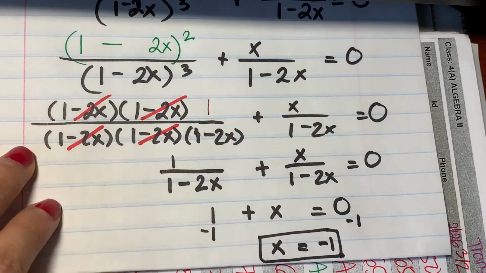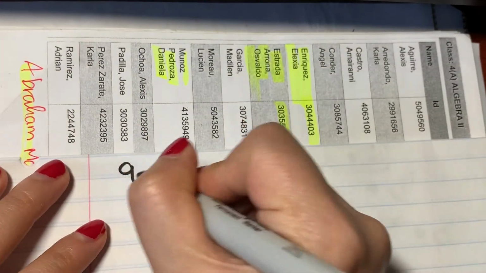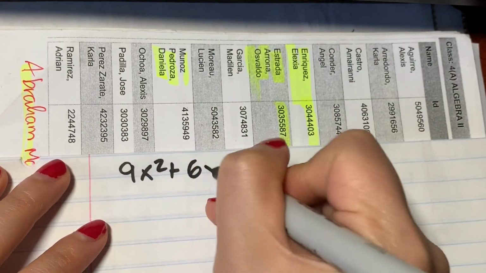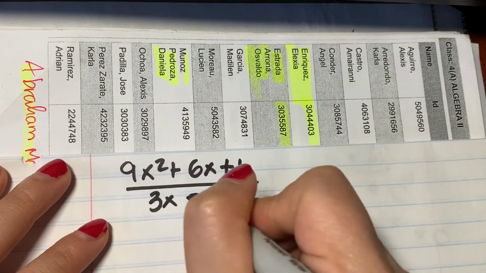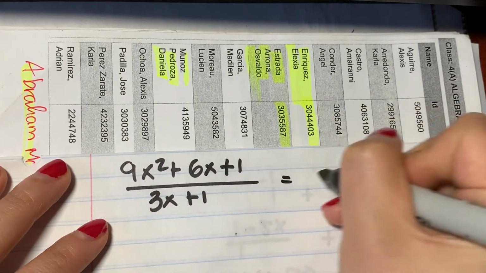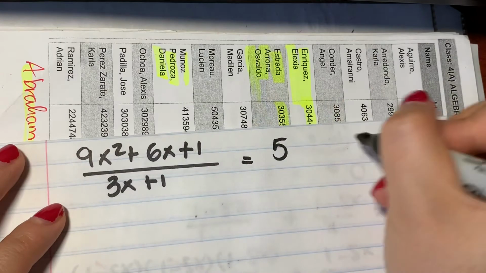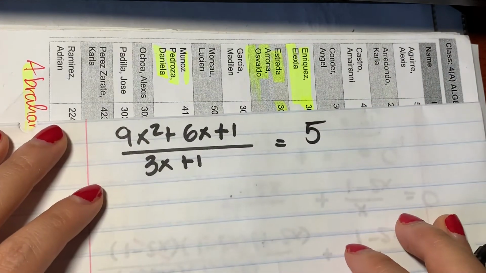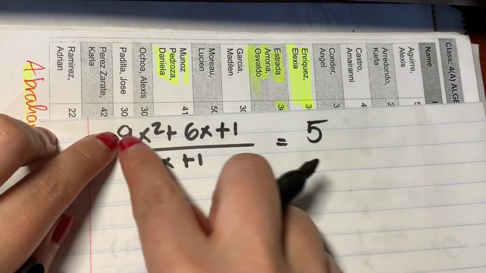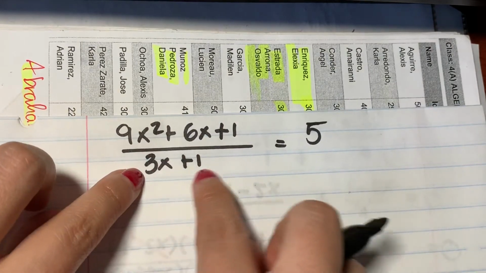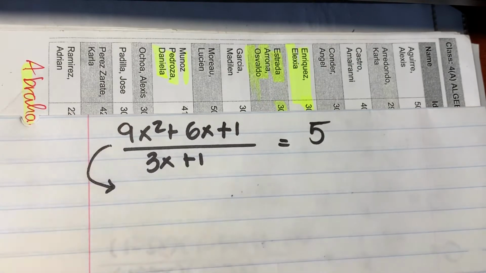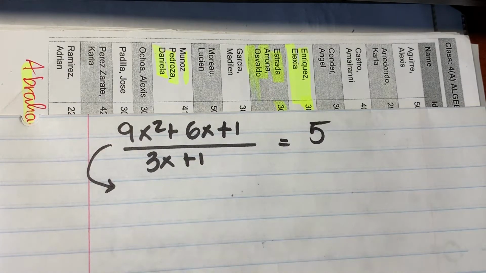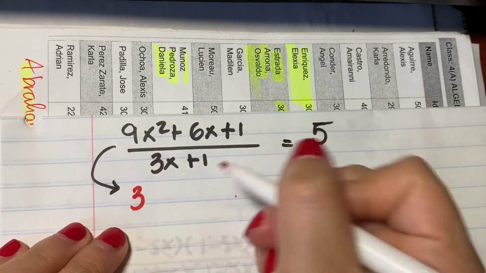The next example you also see is another fraction. So we have 9x squared plus 6x plus 1 over 3x plus 1 equals 5. Okay, so what happened right here is we have to rewrite this one, so it's kind of look like this, so it can cancel. 9x squared, you can rewrite them as 3 squared and x squared.